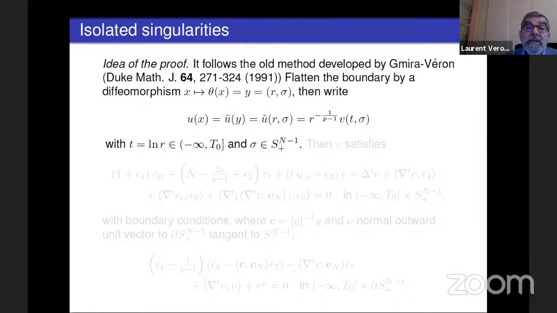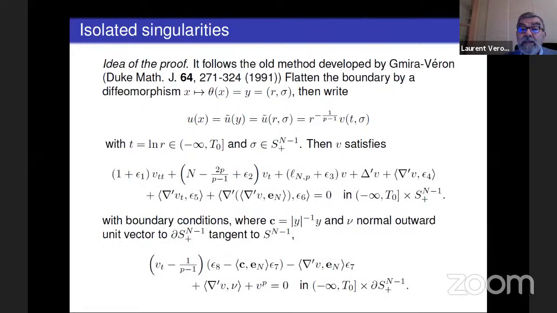Since I'm looking at what happens when r goes to 0, I look at what happens when t goes to minus infinity. Now the variable sigma belongs to the half sphere. So what is the new equation satisfied by this? It's a little technical, but essentially it has the following structure.